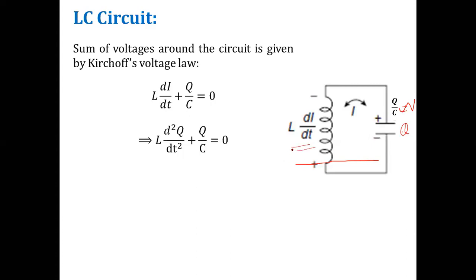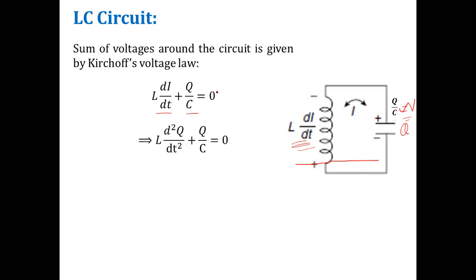Now, if you apply Kirchhoff's second law, or Kirchhoff's voltage law, the sum of all the voltages in this circuit should be equal to 0. So if only these two voltages are present, the sum of these two terms should be equal to 0.